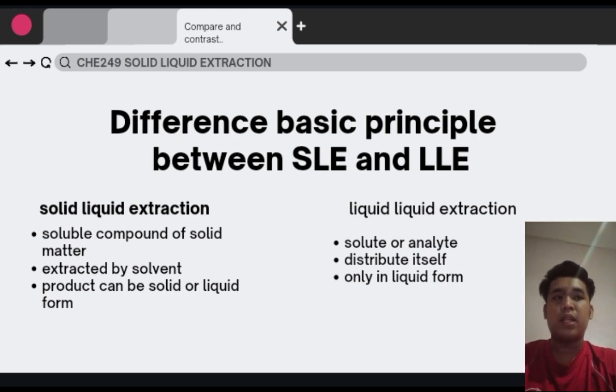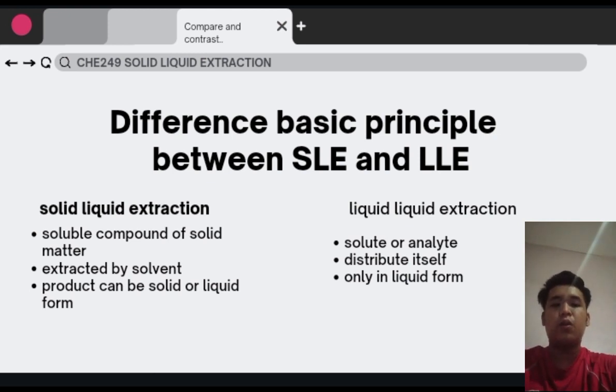First, we will go through the basic principle. Solid liquid extraction is a soluble compound of solid matter that exists in the inert matrix and active agent, and they are extracted by a solvent. So the extract can be included in the extraction matter, which will form in a solid or liquid.